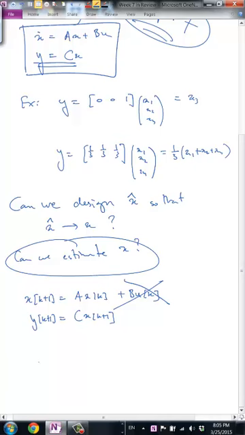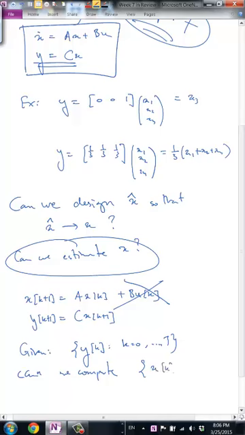So the question is, given the sequence y of k, given all of y of k, say from k equals 0 to t, can we compute the sequence x of k in the same range?